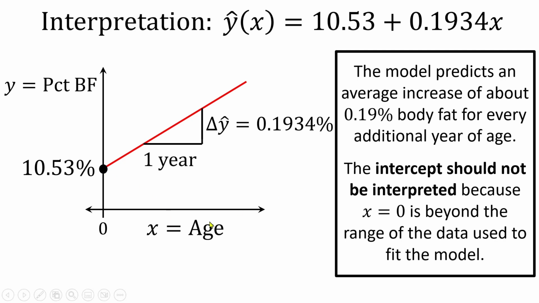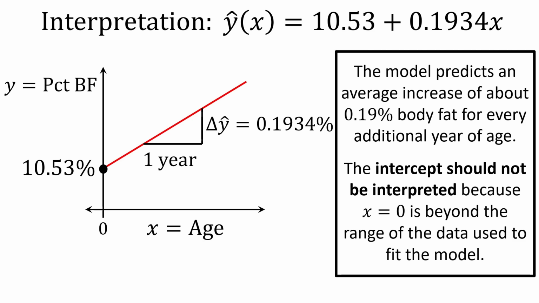The intercept, in this case, should not be interpreted. And that's because x equals 0 is beyond the range of the data used to fit the model. So this has something to do with what we call extrapolation. Extrapolation is a word you would have learned in 2208. I'll say more about that in just a moment.